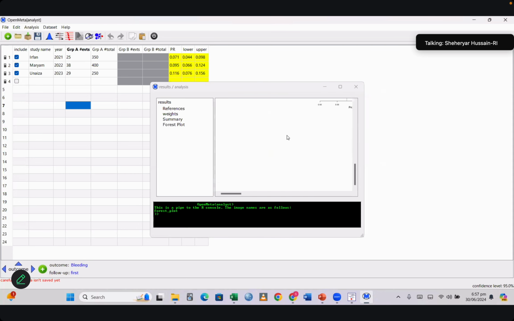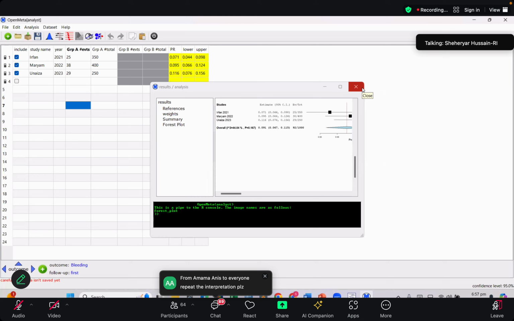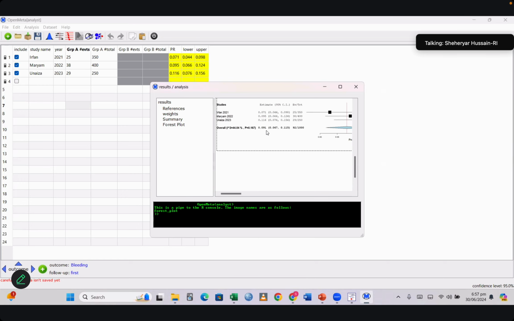It's better to use SPSS if you are conducting a prevalence study or cross-sectional study. So I'm just converting this 0.09 into percentage, which will be 9.1%.